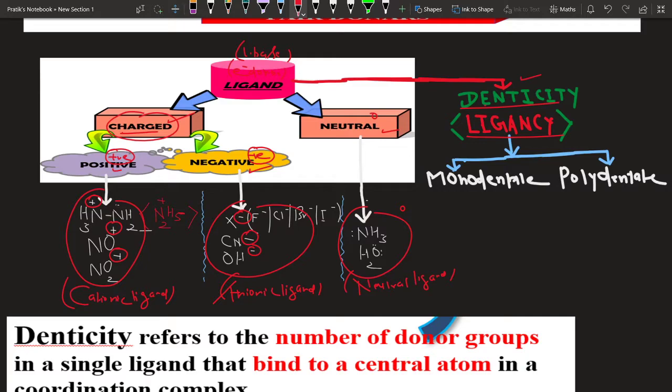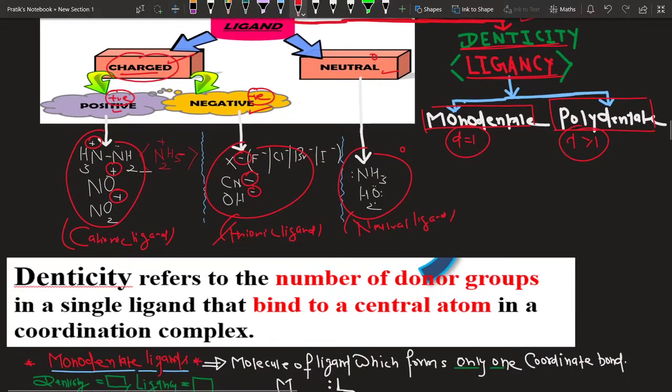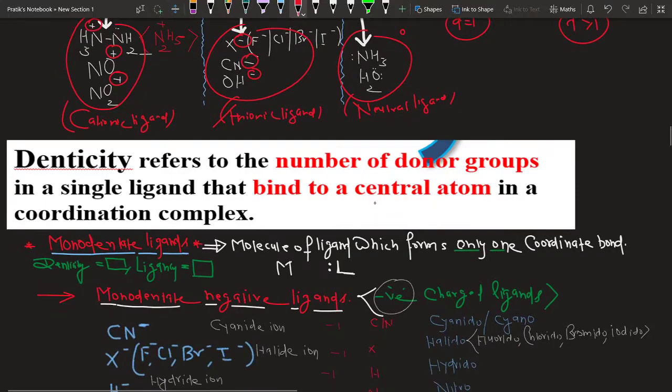If the ligand forms only one coordinate bond, that ligand is referred to as monodentate. And if the ligand forms more than one coordinate bond, then it is referred to as polydentate ligand. So let us focus on the major part of the classification, that is denticity.